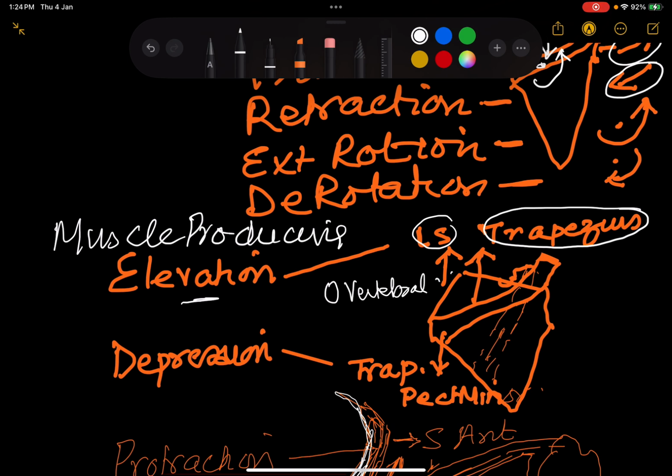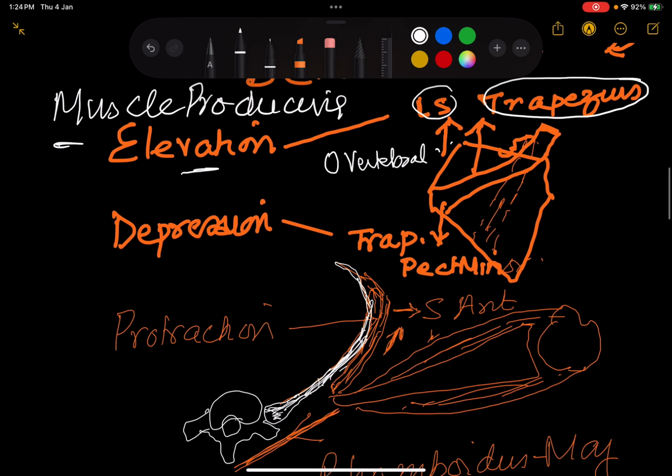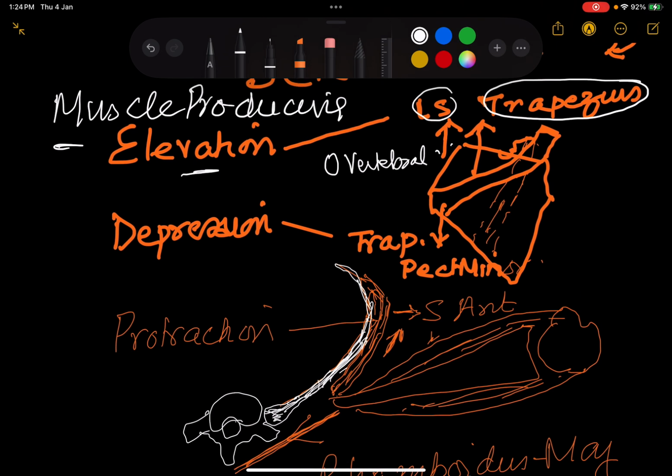So trapezius and levator scapulae elevate. Depression is by the pectoralis minor pulling the coracoid downwards and the lower fibers of the trapezius. So trapezius can depress and elevate both.